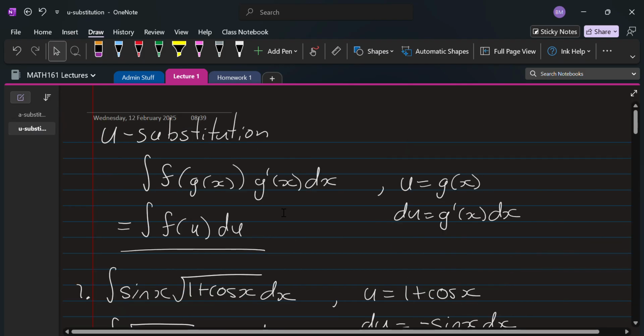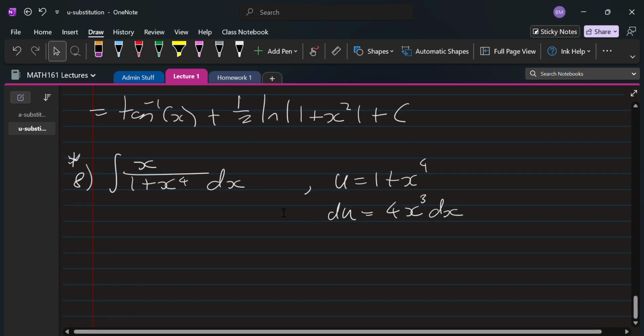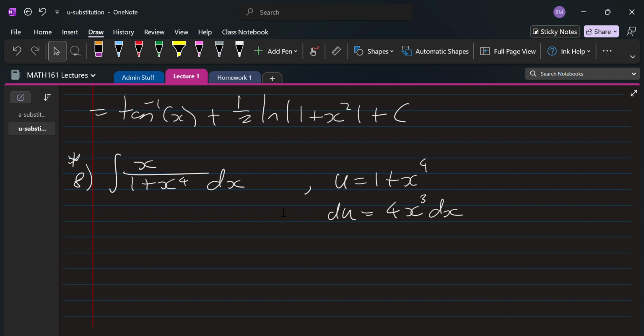Look back to what we did yesterday, number 4. Yeah, so we've got 3, we want to get the exponent down to 1.